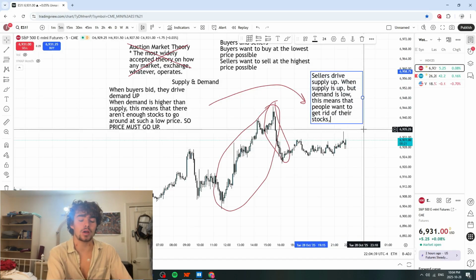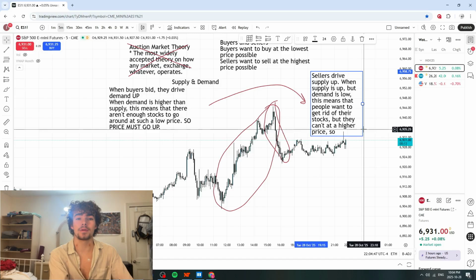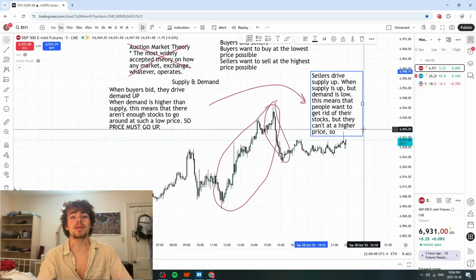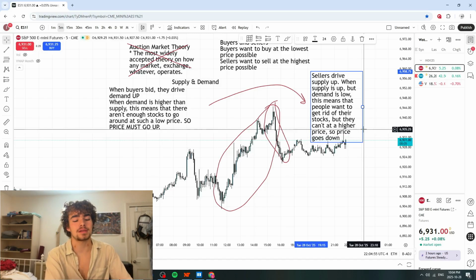Get rid of their stocks, but they can't at a high price. So again, because there are buyers lower than that, price goes down, seeking out more buyers.